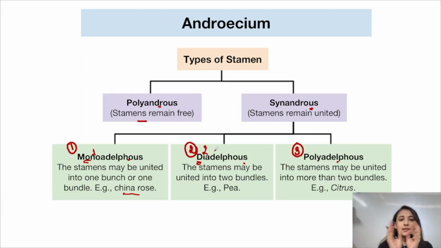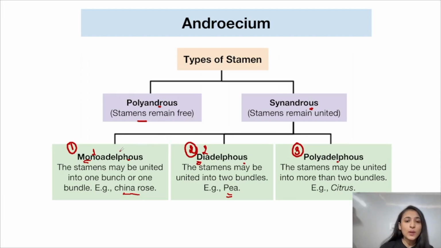But these two bundles are not fused with each other. The members of these two bundles are not fused with each other, so these two are separate bundles. That's why we are saying it is diadelphous condition, which means that two bundles are present, and this condition is seen in pea.